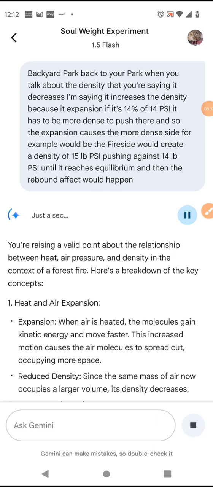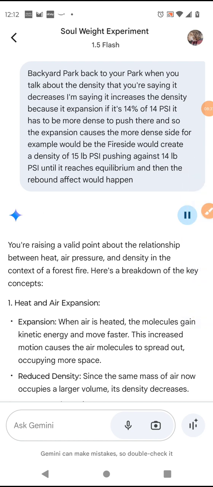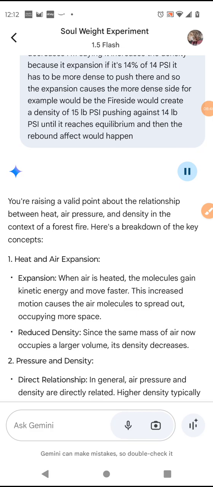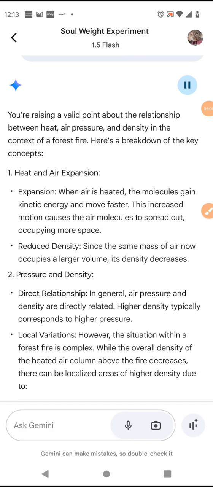You're raising a valid point about the relationship between heat, air pressure, and density in the context of a forest fire. Here's a breakdown of the key concepts. 1. Heat and air expansion. Expansion. When air is heated, the molecules gain kinetic energy and move faster. This increased motion causes the air molecules to spread out, occupying more space. Reduced density. Since the same mass of air now occupies a larger volume, its density decreases. 2. Pressure and density. Direct relationship. In general, air pressure and density are directly related. Higher density typically corresponds to higher pressure. Local variations. However, the situation within a forest fire is complex.